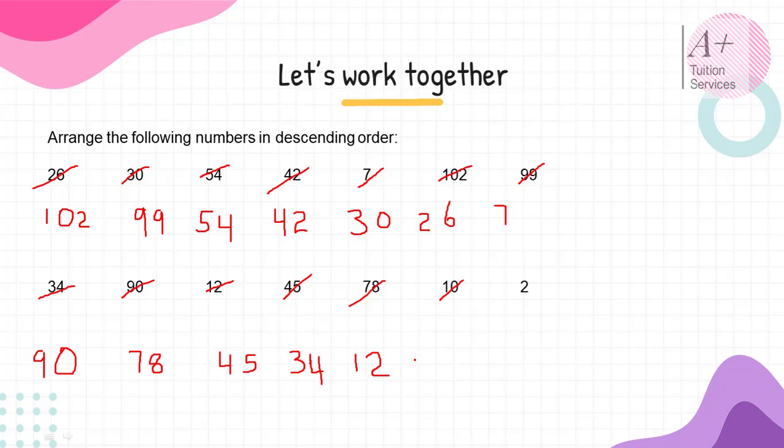And we have 10, and our last number is 2, which is the smallest number. Okay, so we move from big to small, and this in essence is what descending order is. So remember, descending order, we move from big to small, and just to recap, ascending order, we move from small to big. Okay, from small numbers to larger numbers.